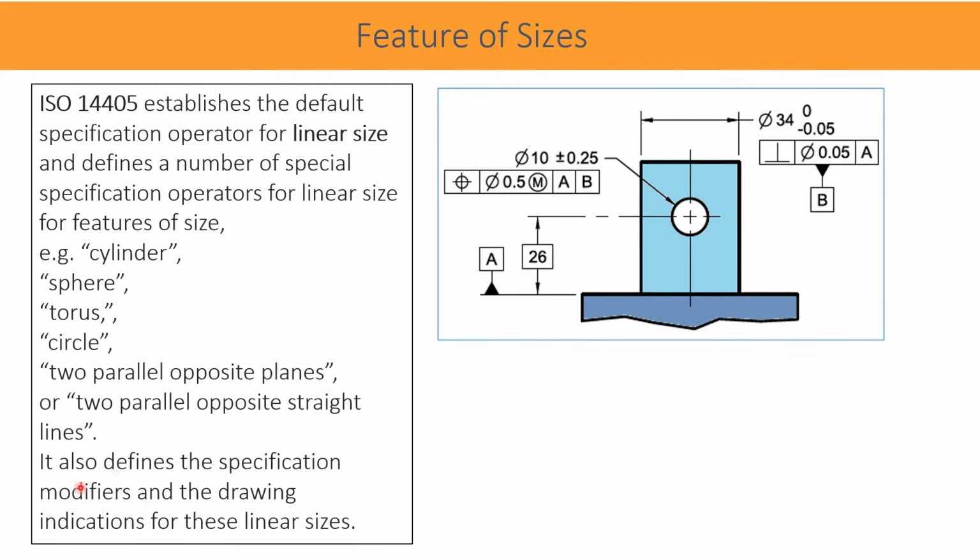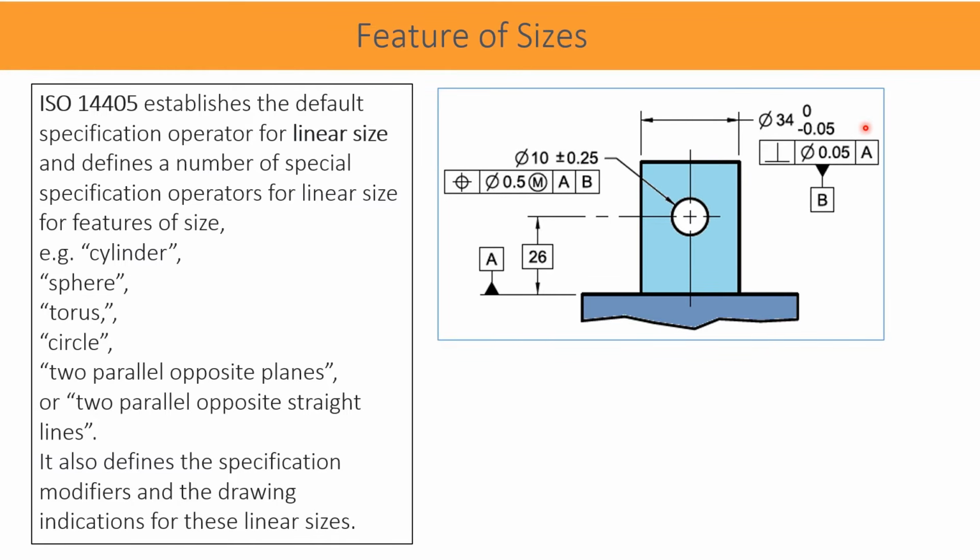Here two parallel opposite planes are slots or external square tabs. In this drawing, the shaft size is 34 with 0 and minus 0.05 tolerance.